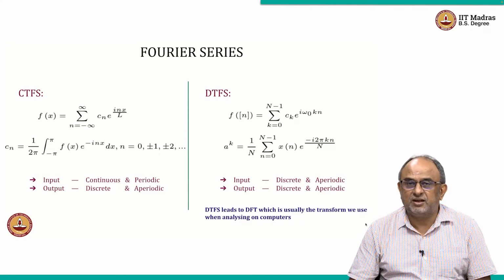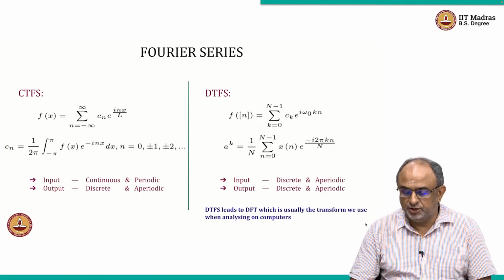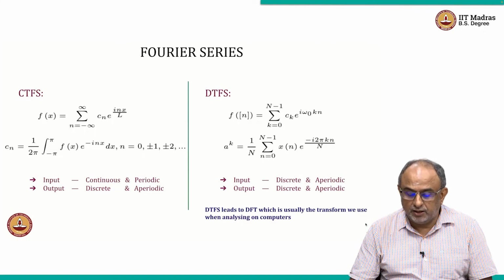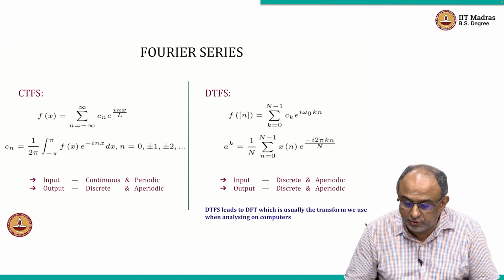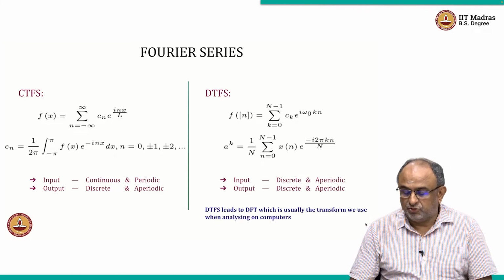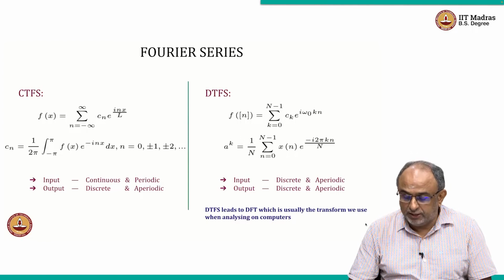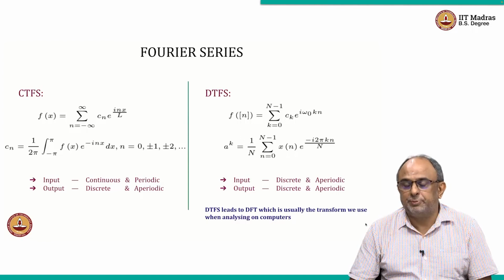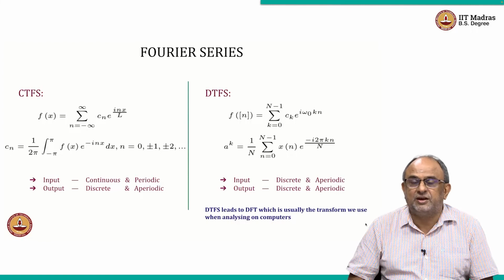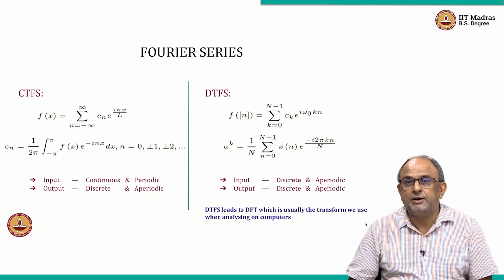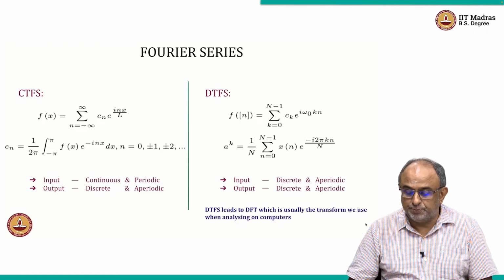Again, the c k's are the weights, the coefficients of the linear combination, and therefore the input now happens to be discrete and it should be periodic. Okay, that's a mistake. It should be, what did they do? Discrete time Fourier series. Yeah, sorry, this should be discrete and periodic, and the output also will happen to be discrete and periodic. So, there is a mistake here. We should correct that to discrete and periodic, and the output also is discrete and periodic.